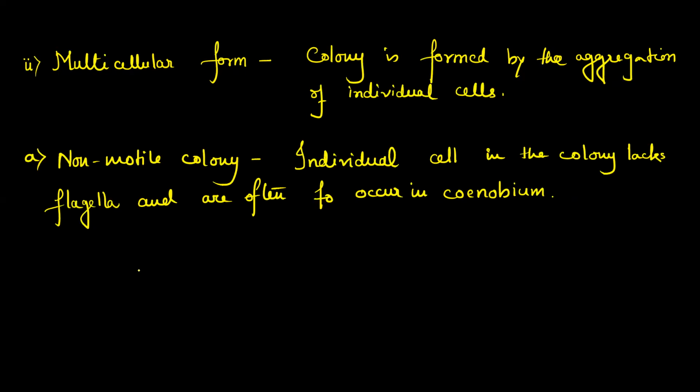Coenobium is a colony with a definite number of cells and having a constant shape and size. Okay, they have a definite number of cells. Examples, what do we have? We have Pediastrum.